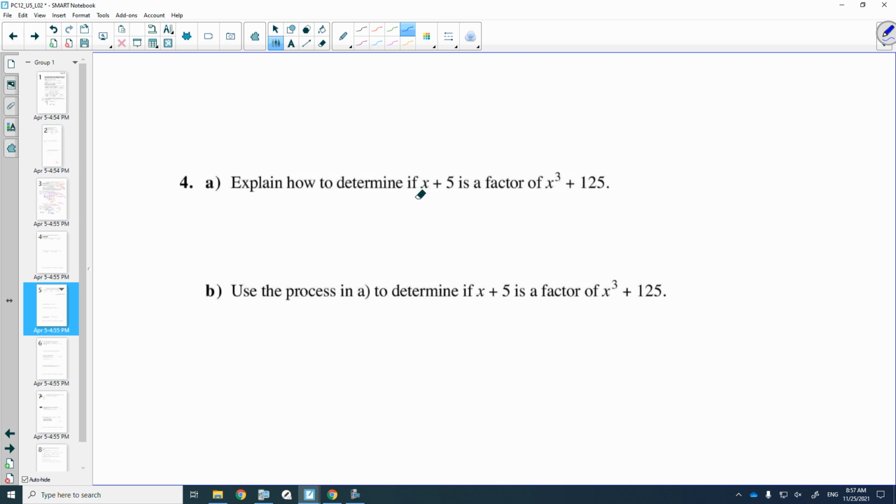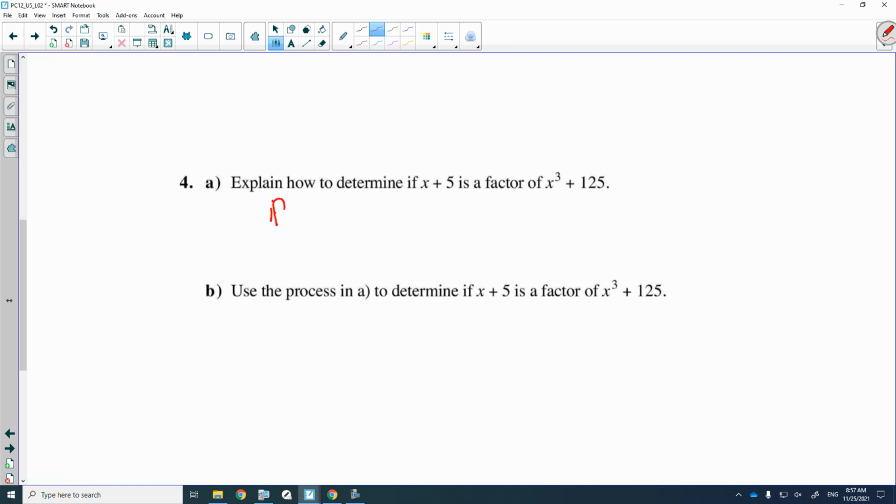Okay, so explain how to determine if this is a factor of this polynomial. It has to do with the remainder. You say if the remainder is, so I can start it out. If the remainder is 0, then. If the remainder is not equal to 0, then, right?